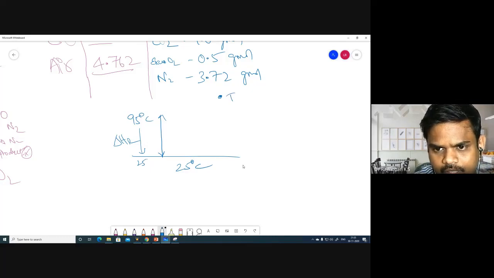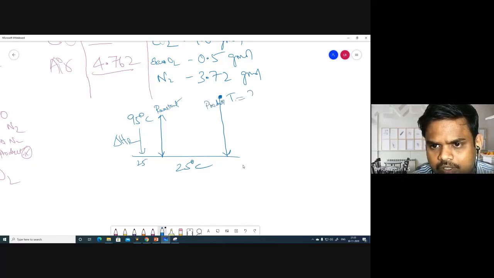Let us say T is the adiabatic flame temperature. We don't know what that is. On the right hand side we have the products, and this temperature we don't know. On the reactant side the reference is 25, so delta T is 95 minus 25.